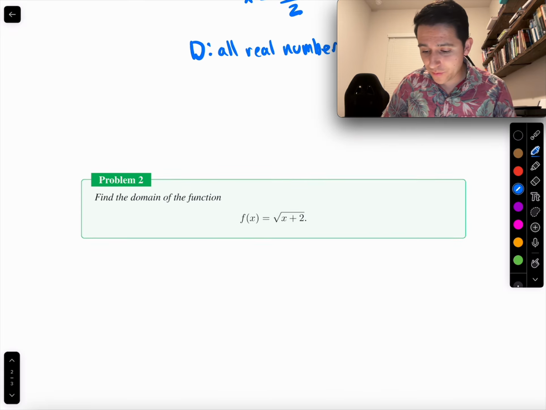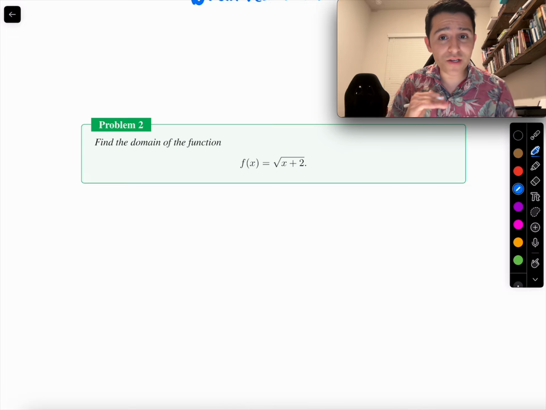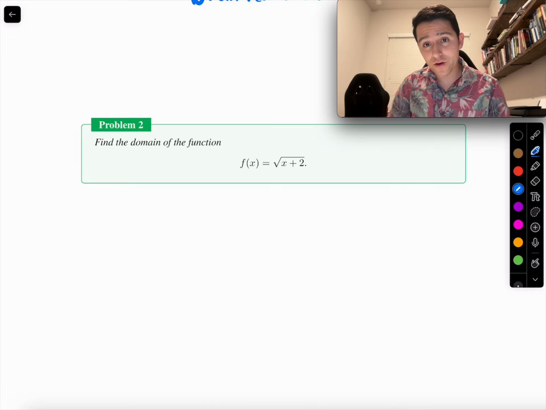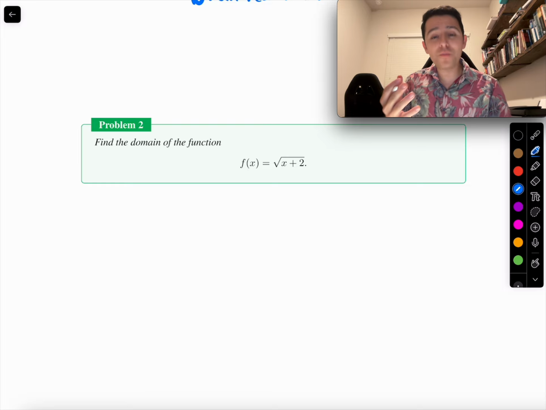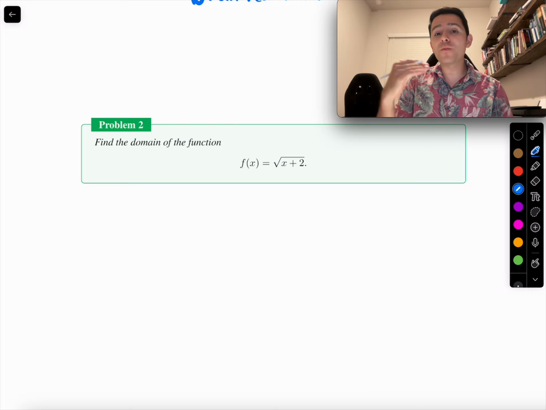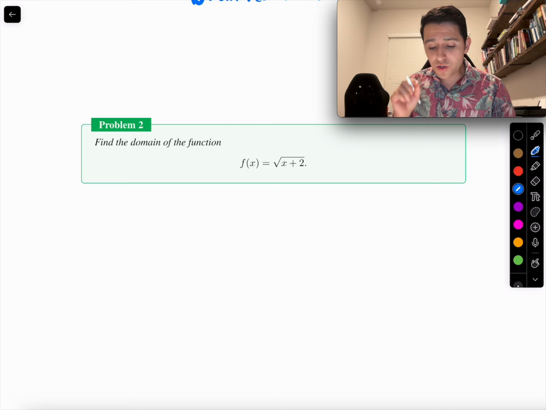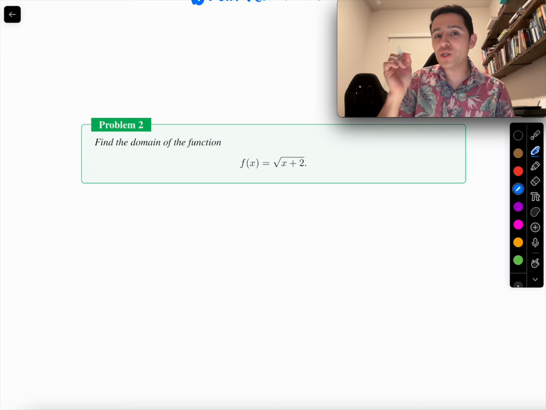Let's do another example. This time, I don't have an x in a denominator, so I'm not going to worry about dividing by 0. But I do have an even root, and a variable inside of it, so it is possible to get a negative number inside of an even root. Instead of focusing on what I need to exclude, I'll focus on what I need to include, what is acceptable.